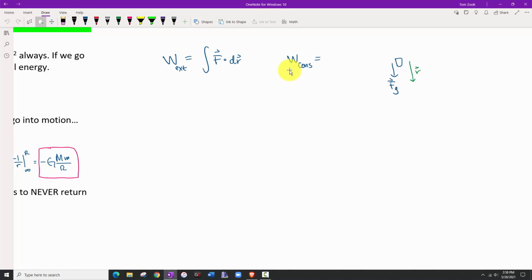That would yield a positive amount of work, because the force and the displacement are parallel with each other. However, that work would also lead to a decrease in the potential energy of the object.